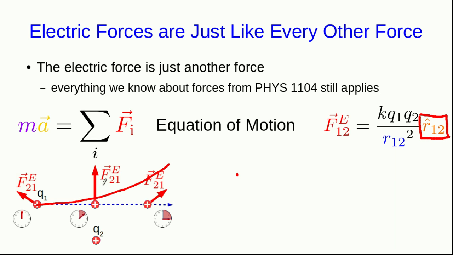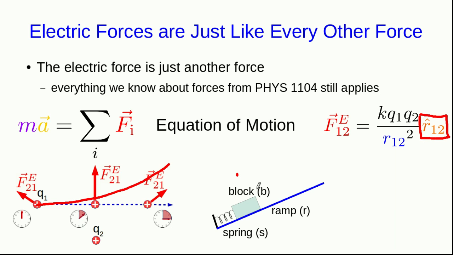I want to just talk about these electrical forces. Notice that as q1 moves past q2, not only is the magnitude of the electrical force changing, but because it always points directly away from q2, its direction is changing as well. So not only is the magnitude of the electrical force a function of position, but its direction is too, and r hat here gives us a way of writing that function.